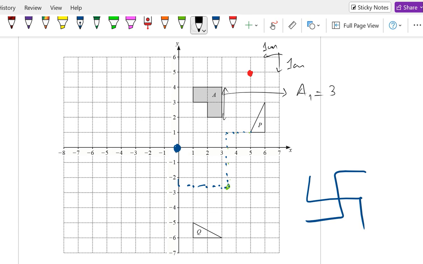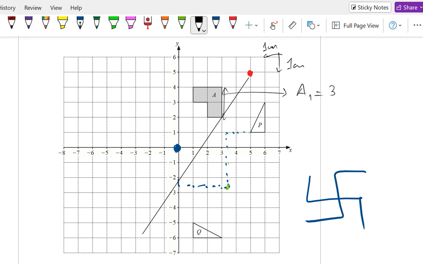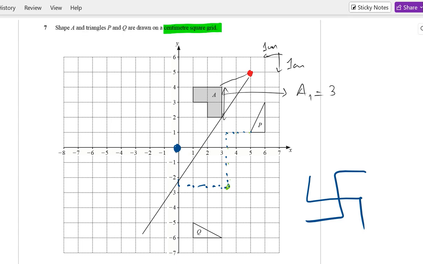From the center you can draw the straight lines, or you can draw the line in this direction as well.